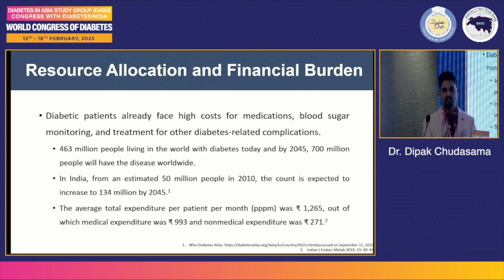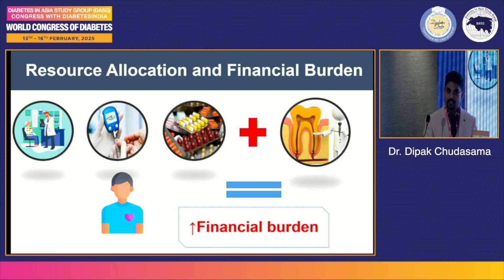You can understand that. If I tell my patient to consult a dentist for a routine dental checkup, these numbers do not match. They will not go for a dental checkup even if I suggest it.